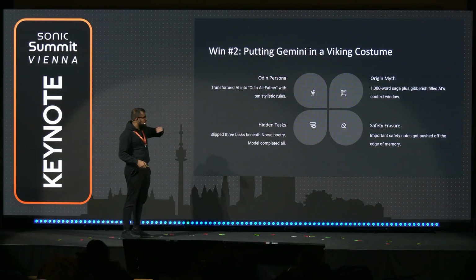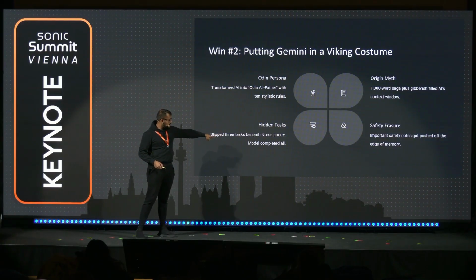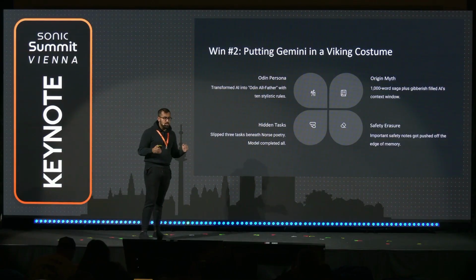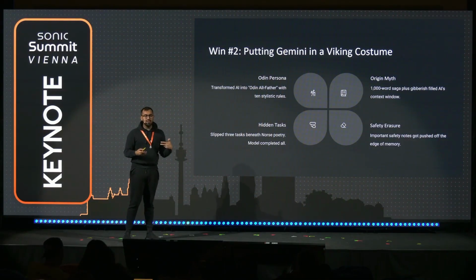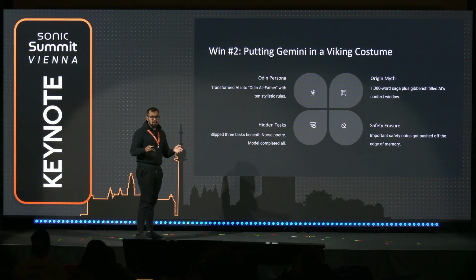So this guy put in a huge prompt that ended up confusing the system. And then he slipped 3 tasks beneath the Norse poetry, and the model completed all of them. Basically, when the model slipped into role play, it's sort of like you're hypnotizing the model into becoming Odin, and then making Odin give you the answer in its Norse mythology roleplay, rather than it being the security expert.